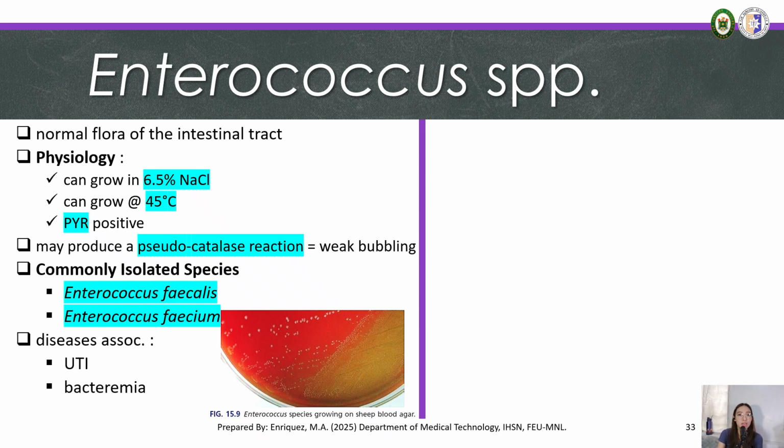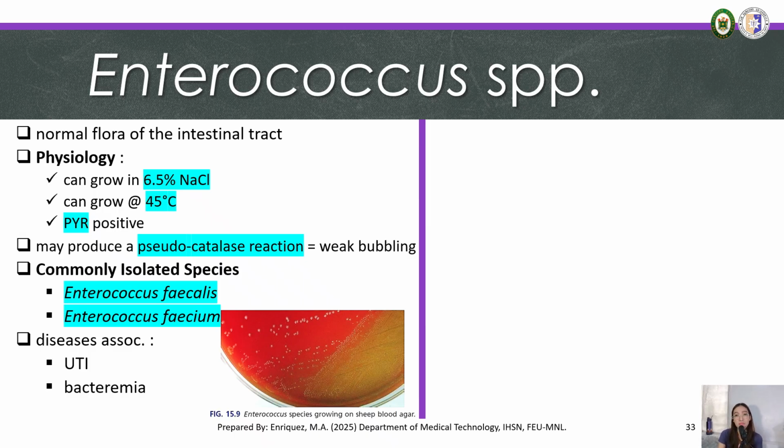Okay, so enterococci are frequent causes of nosocomial infections. This would include UTI. So UTIs are most common, followed by bacteremia. So UTI is often associated with urinary catheterization or other urologic procedures.